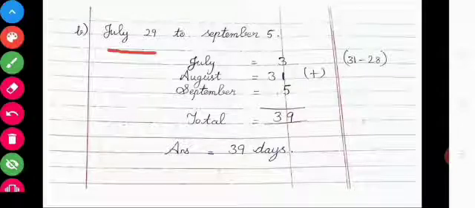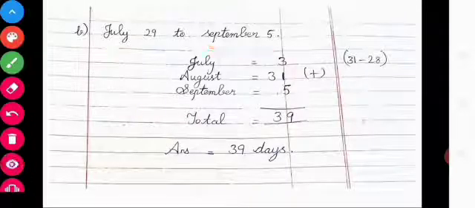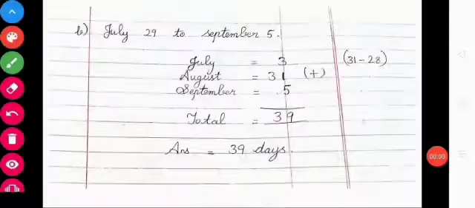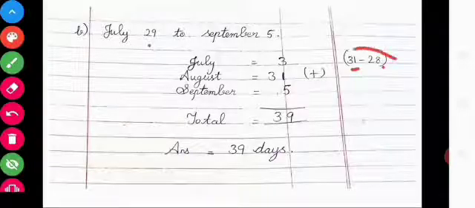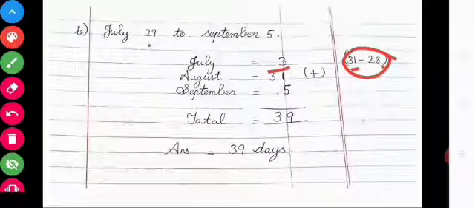And then one more example. July 29 to September 5. Starting from July 29 to September 5. In the July month, total number of days is 31, minus 29 before, 28. Then 31 minus 28 is equal to 3. In July, remaining 3 days.